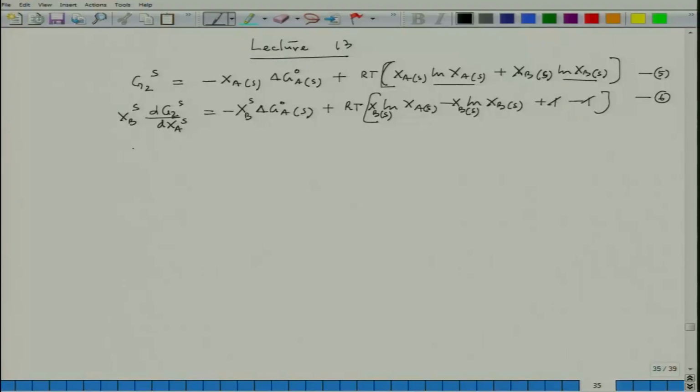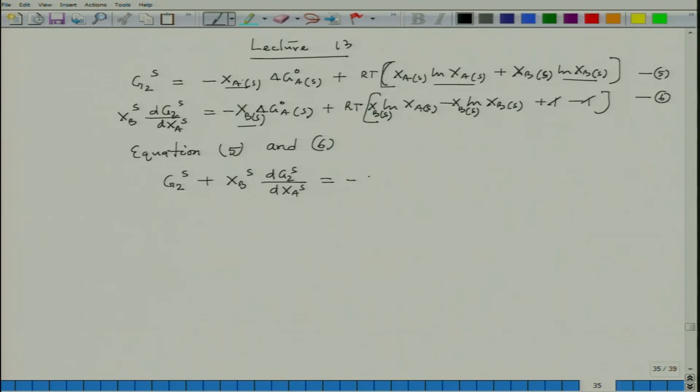So, if we add equation 5 and 6, then we get G2S plus XBS G2S. You see that these two, if we add this one and this one, so it becomes 1.